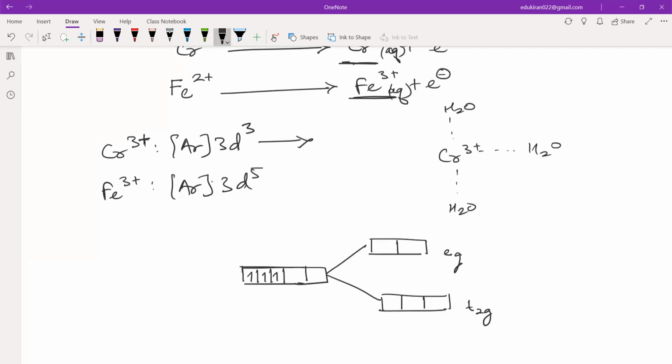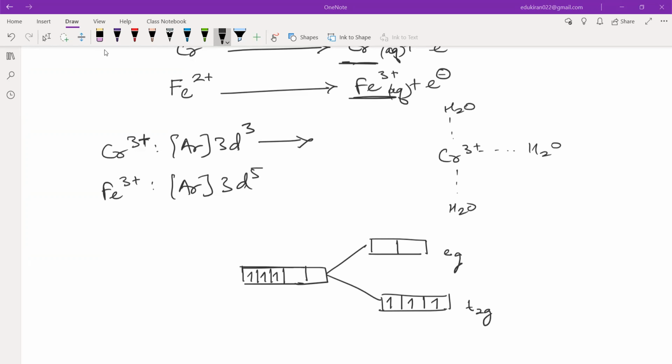Splitting of d orbitals, coordination complex. Do you remember the splitting? T2g and eg. So when you have 3 electrons here, all of these electrons will be in the t2g orbital, right? T2g is lower in energy.